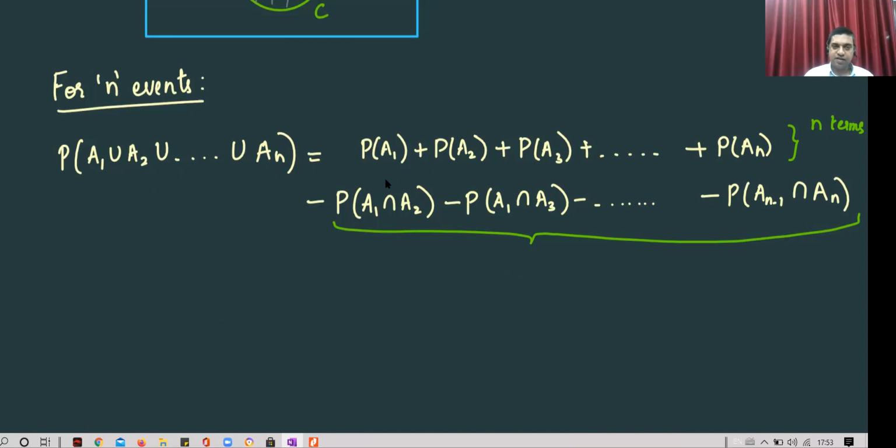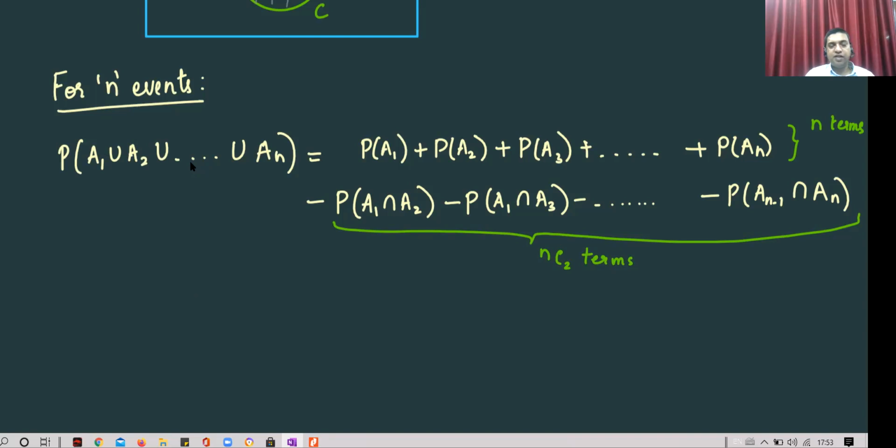How many terms? NC2 terms. From A1 to AN, select any two.